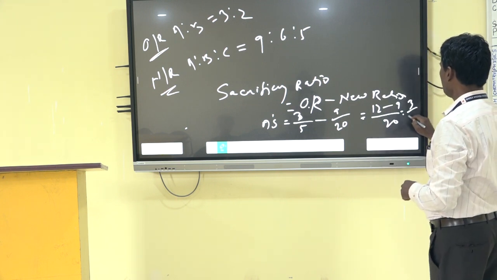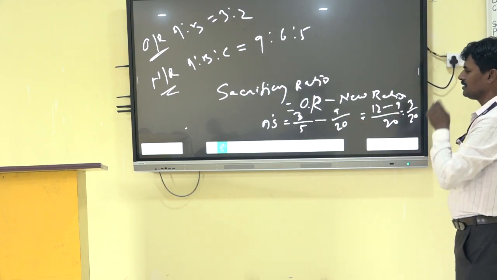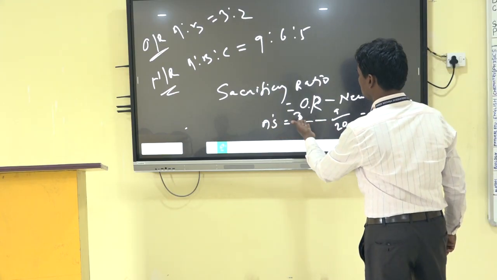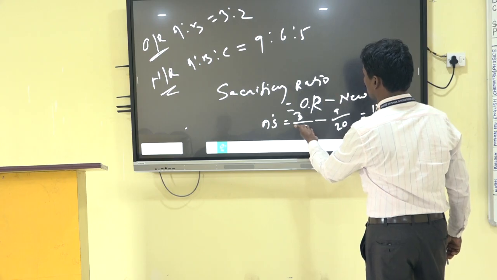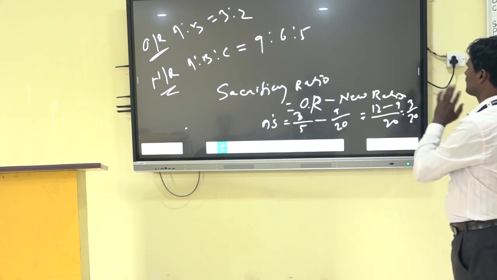That is A's sacrifice. Clear? Here A is 3/5, this is the old ratio and this is the new ratio. But how much does A sacrifice?